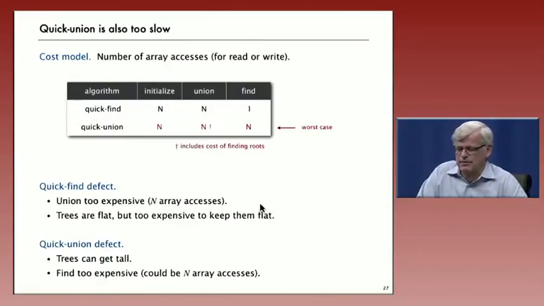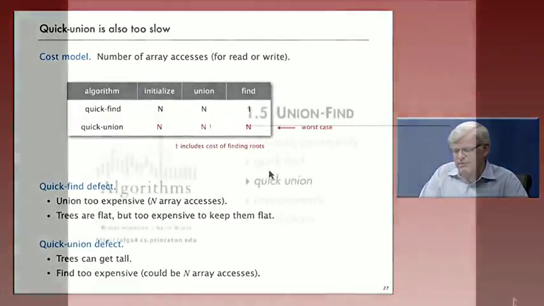The defect for quick union is that the trees can get too tall, which would mean that the find operation would be too expensive. You could wind up with a long skinny tree of each object just pointing to the next, and then to do a find operation for the object at the bottom would involve going all the way through the tree, involving n array accesses just to do the find operation. And that's going to be too slow if you have a lot of operations.